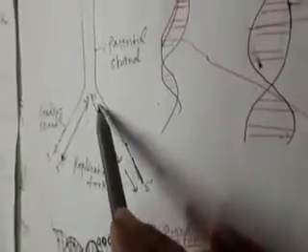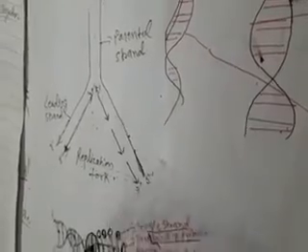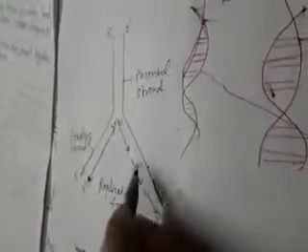The replication of the second strand, in 5' to 3' direction, is discontinuous and is known as the lagging strand.